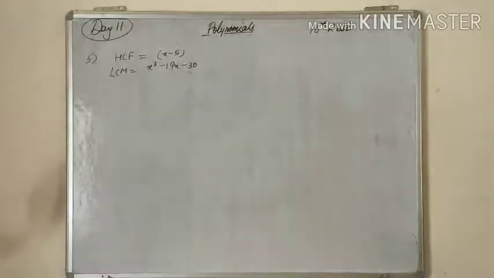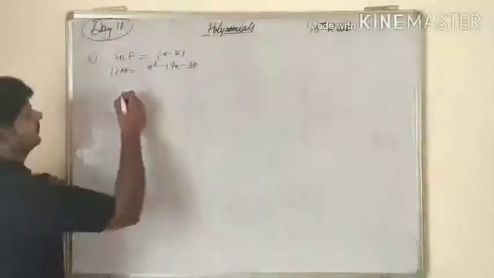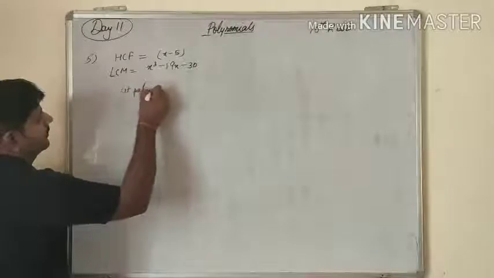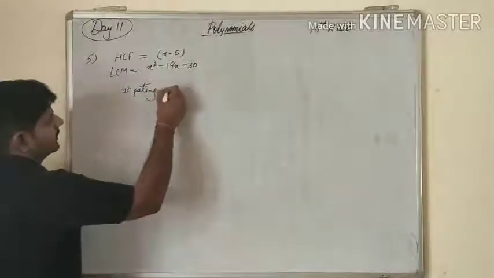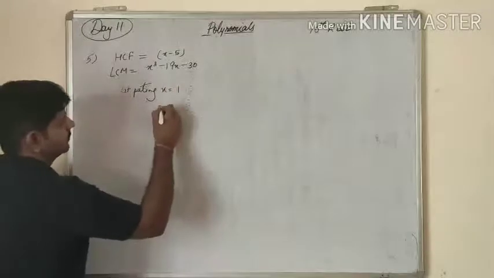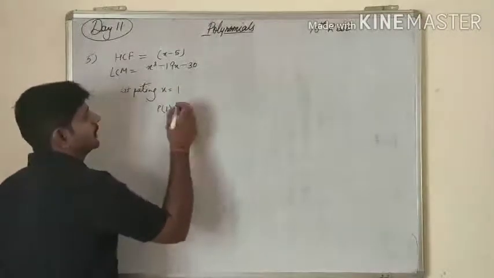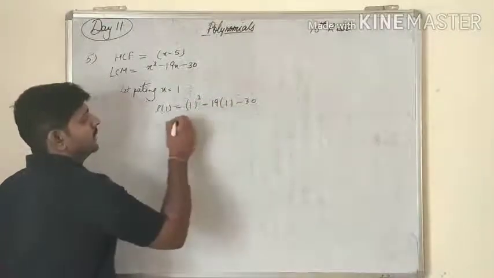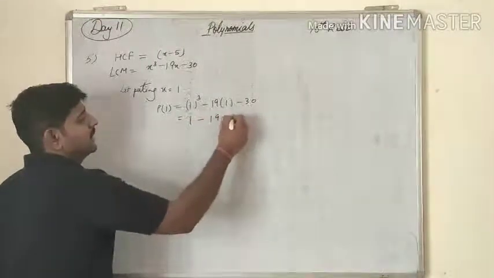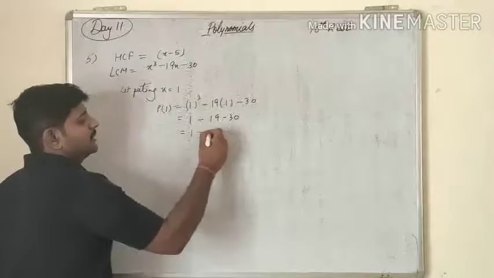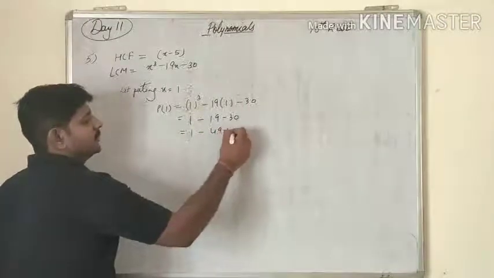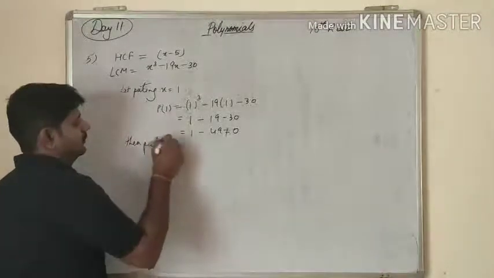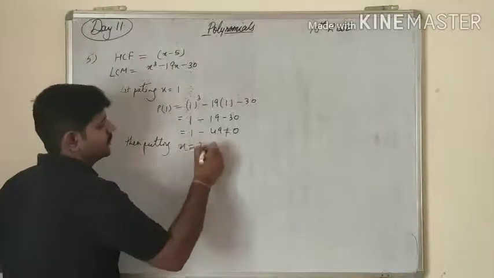Now we will apply factorization. Putting x equals to positive 1, there will be 1 cube minus 19 into 1 minus 30, which is 1 minus 19 and minus 30, that is minus 48, and this is not equal to 0. Then put x equals to negative 1.